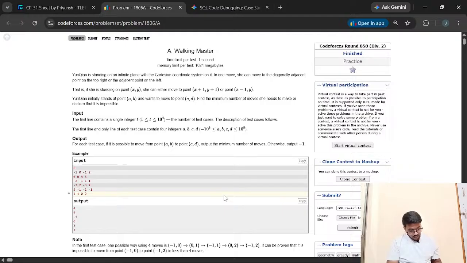So till here we have to reach in 4 moves, and at the last move we have to take another 2 moves, but we don't have to change coordinates in x.